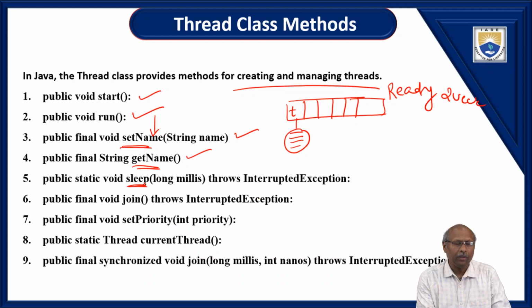Similarly, there is one more method called the sleep method. The sleep method is a special method which allows you to keep the thread in a sleeping state by passing the time in milliseconds. Once the thread is sleeping, another thread gets a chance to do its task. And there is one more method called join.